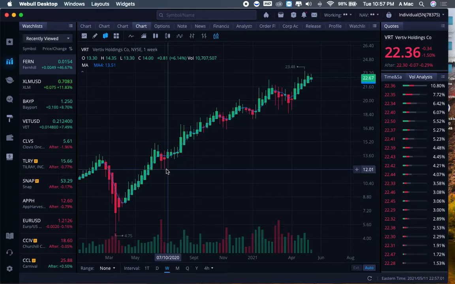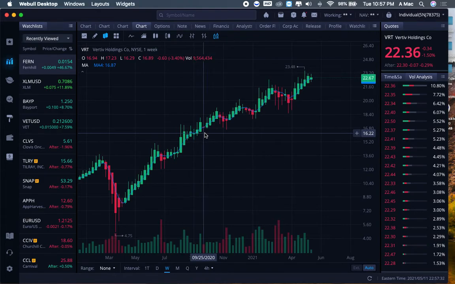For instance, we'd buy here at 12.01, and then no more than a month later, we can sell here at 17.09. From $12 to $17 one month later. Almost 70% in 1 month.